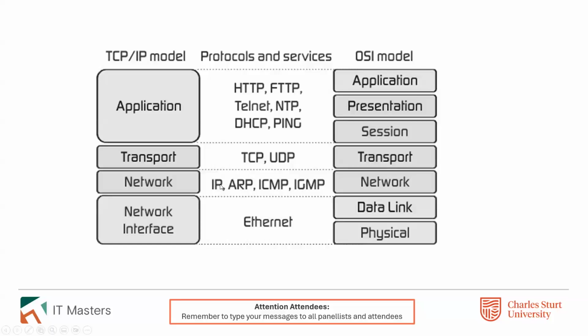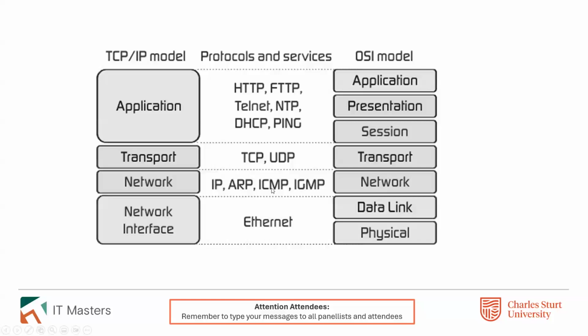Then on top of that, you have IP. That's the Internet Protocol, the IP part of TCP/IP. It provides for the baseline connectivity between 2 hosts. And on top of that, there are some base services that are always needed. There's a service called ARP, which is the Address Resolution Protocol, which is designed to allow 2 hosts to find each other using data link or layer 2 services, but do so at layer 3 using IP.